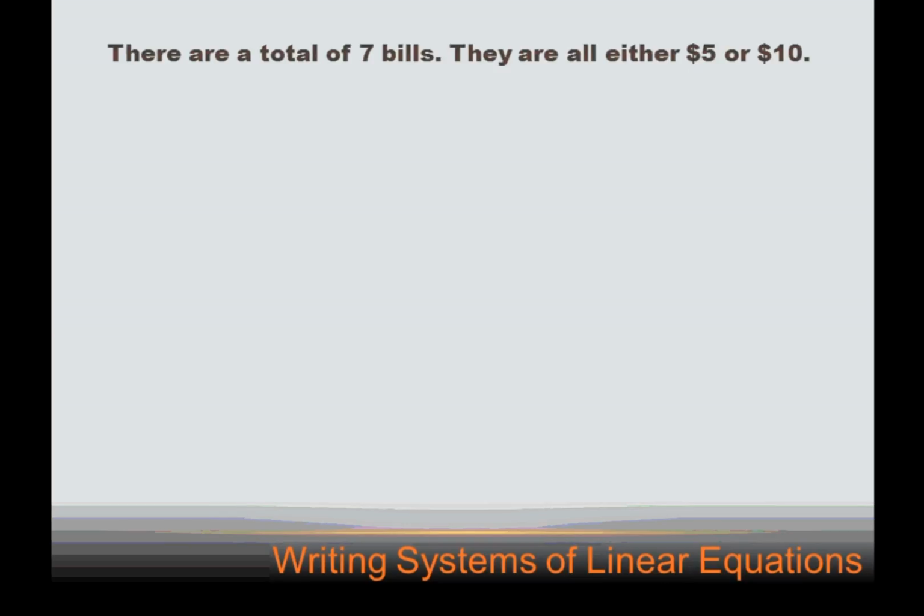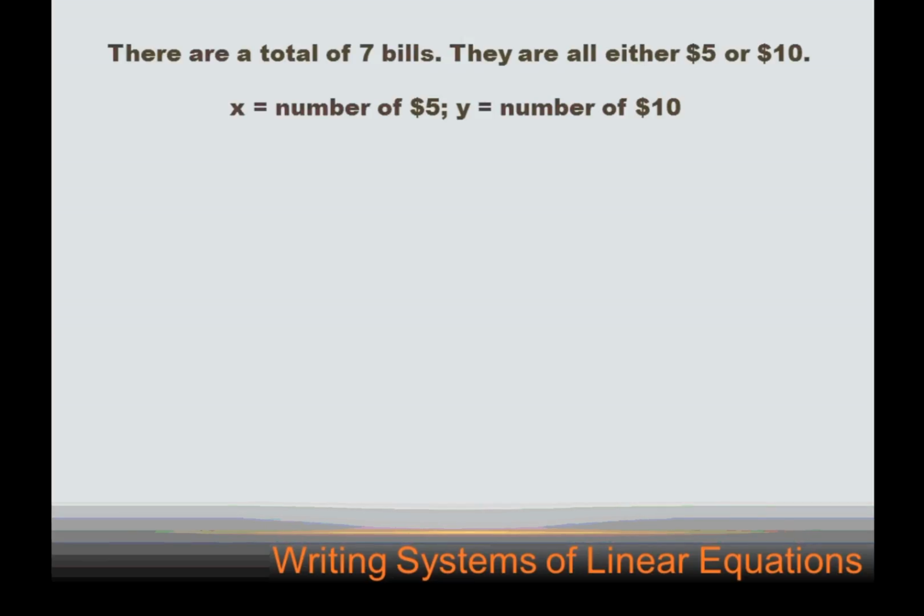So let's start out with this. We know that there were a total of 7 bills, and that they were all either $5 bills or $10 bills. Well, let's turn this into algebra. To do that, we've got to have some variables. So we'll call x the number of $5 bills, and we'll call y the number of $10 bills.